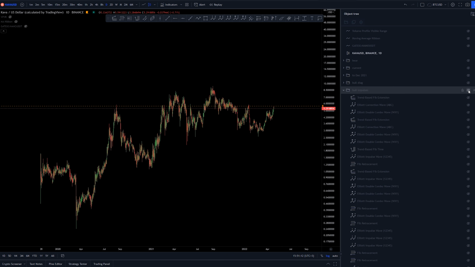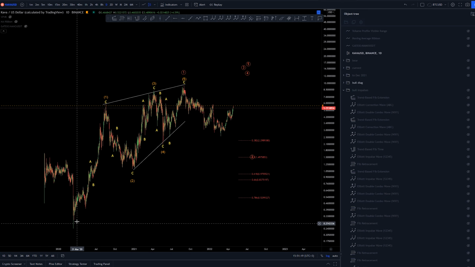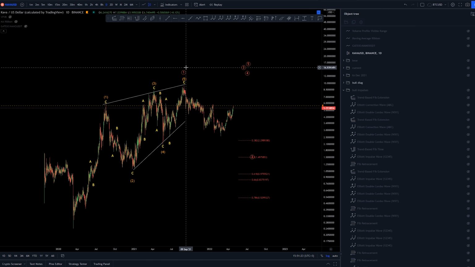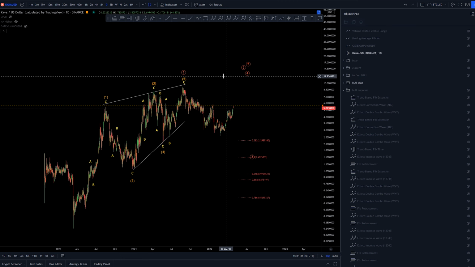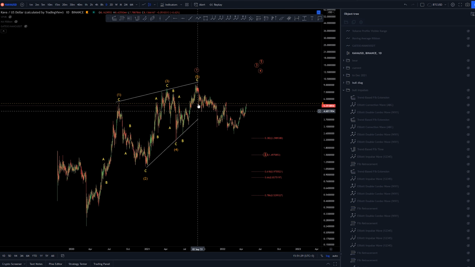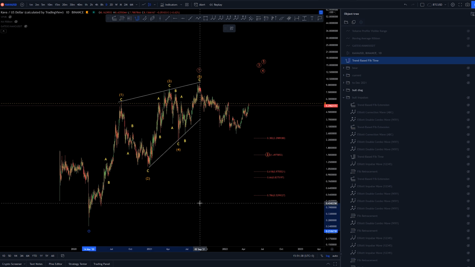So therefore we have another bullish possibility, and this is a diagonal. We have ABC here into 1, 2, 3, 4, 5 into primary 1 up here. This would clear all the things up, so we don't need to be worrying about the structure here, or about any kind of time it took to create wave 2.